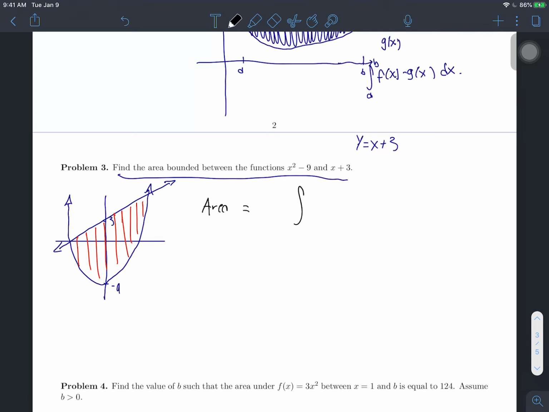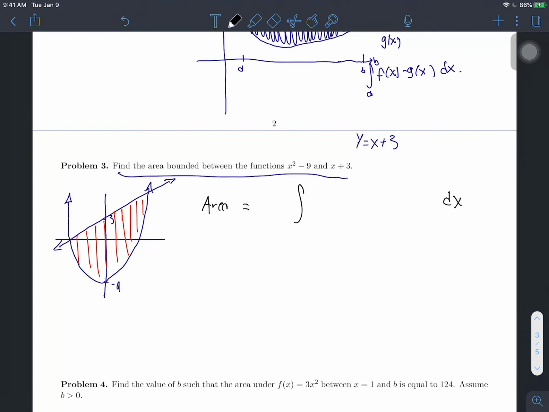What should the function be that we take the integral of? We should have something in here and then dx. My question is, what goes in this blank? Emily? Is it the x plus 3 minus x squared minus 9? Yeah, very good. It's going to be x plus 3, that's the top function, and then we're going to subtract from that the bottom function, x squared minus 9.